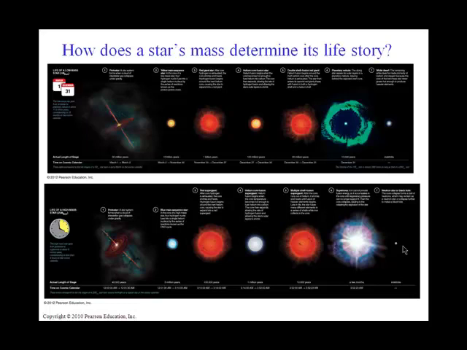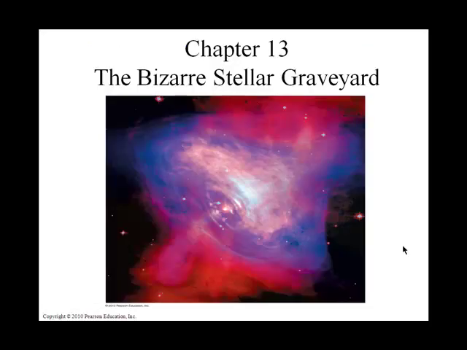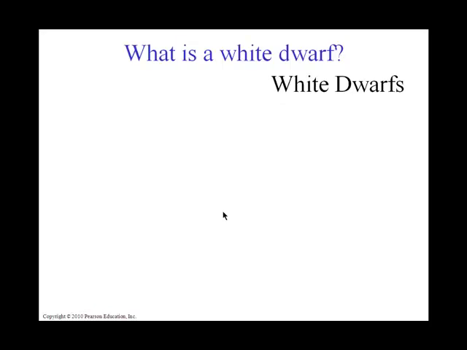In chapter 13, we're going to look more at that too. But what you're looking at here, I believe, is an image of a neutron star in the middle there. And neutron stars, although they're like stellar corpses, they do pulse, kind of like a heartbeat. It's kind of neat.